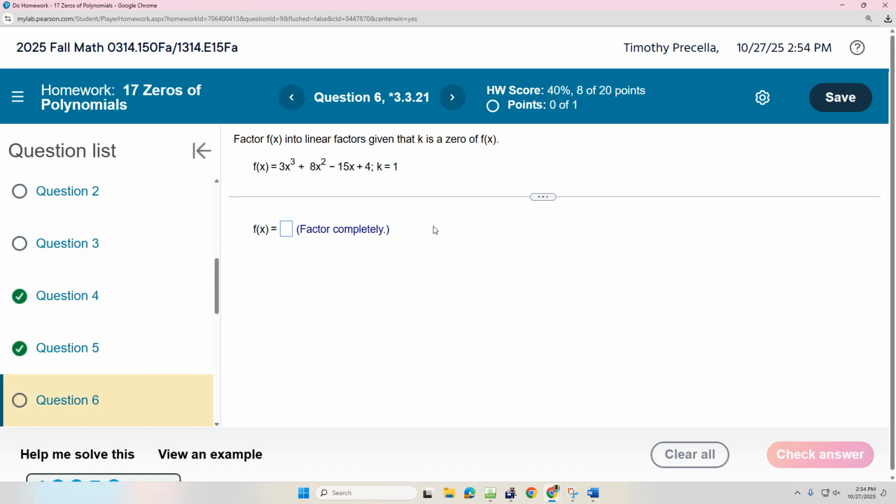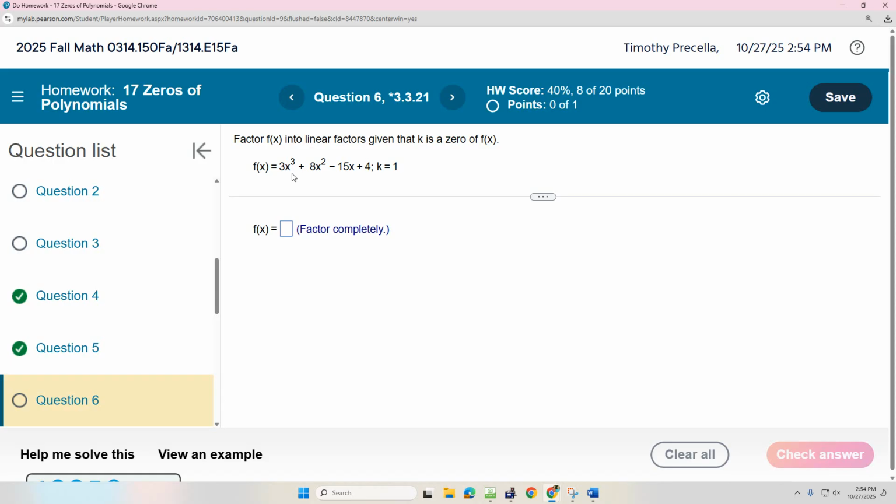When you're factoring with trial and error, how many sets of parentheses does your answer have? 2. With the x cube, how many sets of parentheses do you expect your answer to have? 3. If it were to the 4th, how many sets of parentheses would you expect to have?